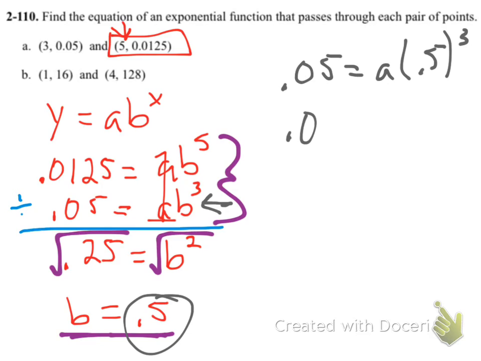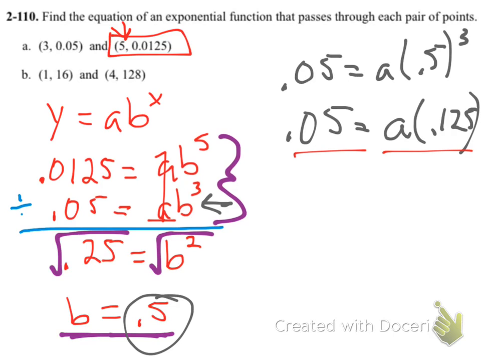0.5 to the third is going to be 0.125. And to solve for a, I'm going to divide both sides by my 0.125. Here's my 1, so I'm left with just a.